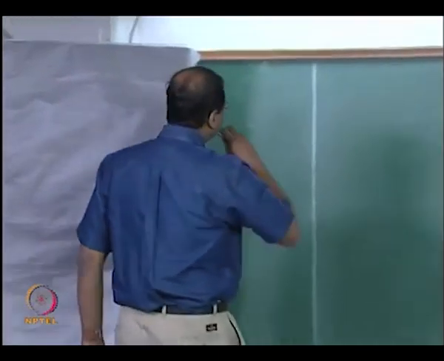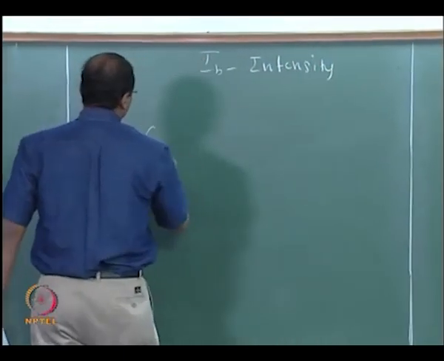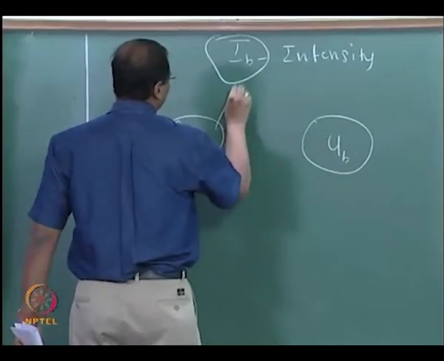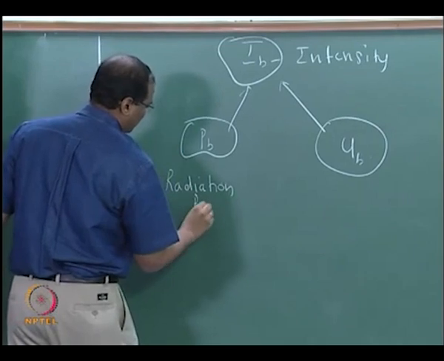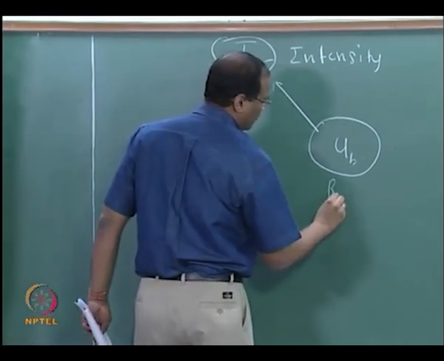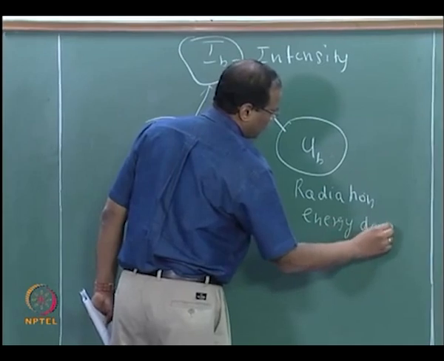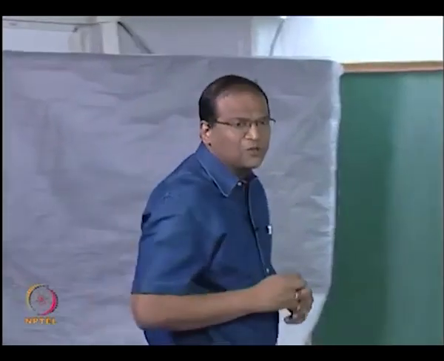So what we have seen thus far is there is intensity, so there is a radiation pressure, so we related both the radiation energy density and the pressure to the intensity I. In the last class some of you may not have understood the whole thing fully, but the mathematics should not really cloud the physics.